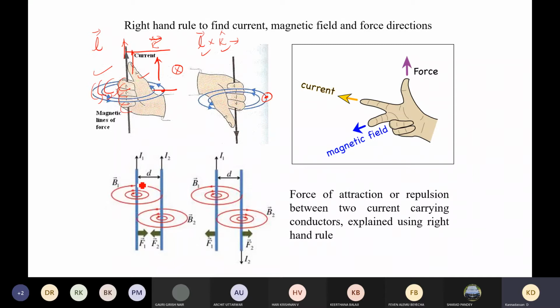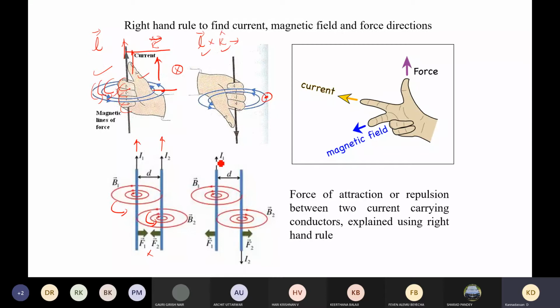We can clearly see that when two currents travel in the same direction, they produce magnetic fields in the same direction. So they don't close on each other, in other words they won't link each other, and we often say that the linkage is zero. Since the linkage is zero, these forces won't attract, they will repel each other.